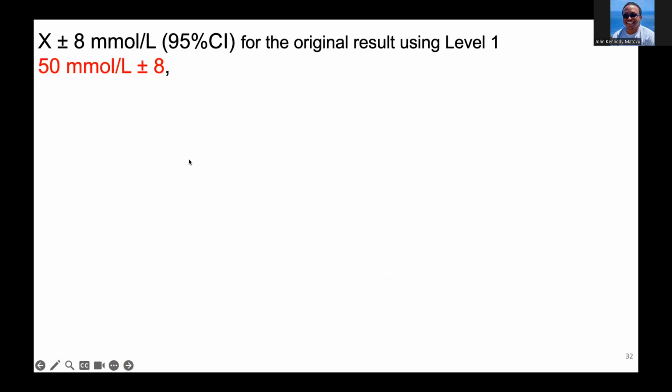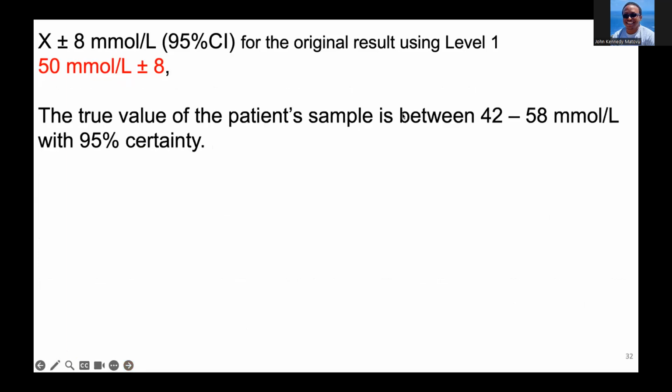So if we go again, we look at taking the first one, level 1, which is the 95%. Our expanded MU is now 8 millimoles per liter. Our original result is 50. So now the true value of the patient's sample is between 42 to 58 with a 95% certainty.